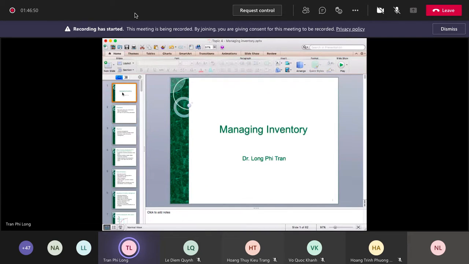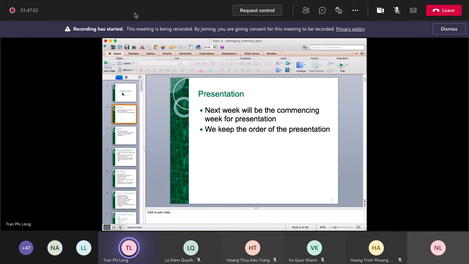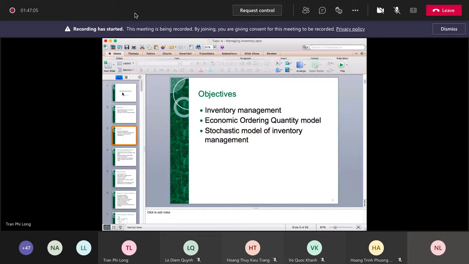Okay, so today we will study this chapter, inventory management. Maybe we will study a half of this chapter today and a half of this chapter next week, okay? This is the objective of our chapter.